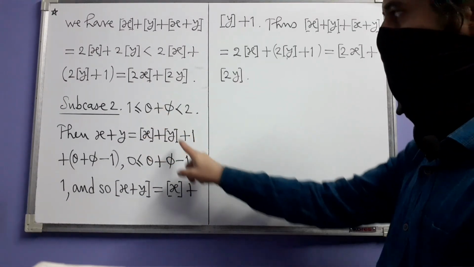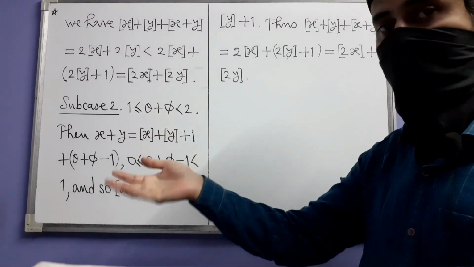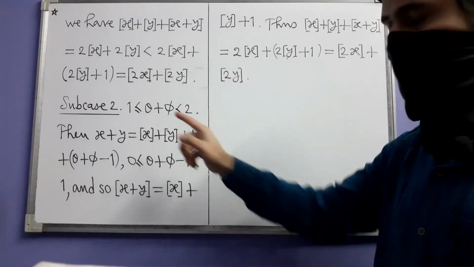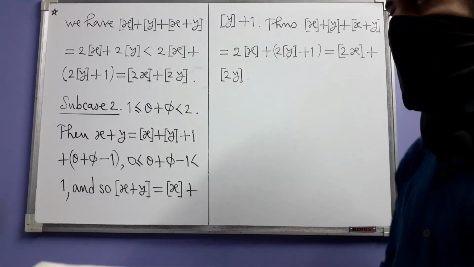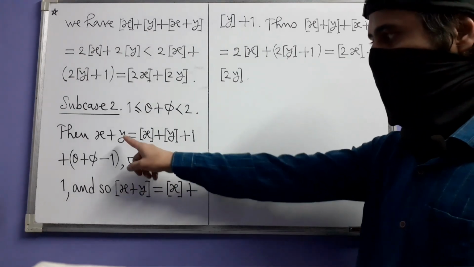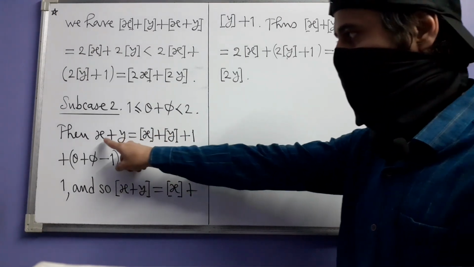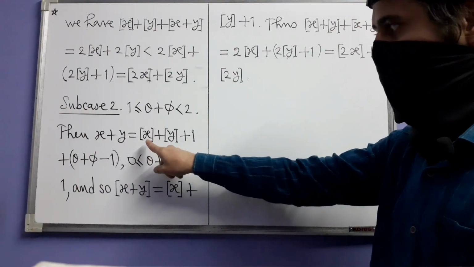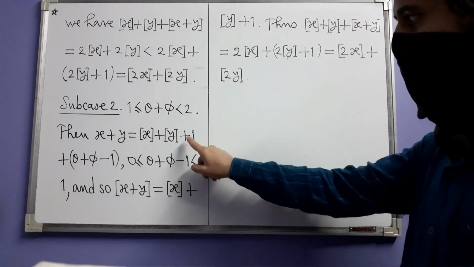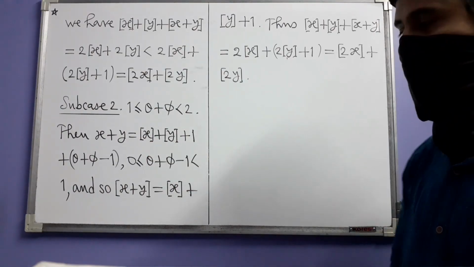Next we have subcase 2. This time however, theta plus phi is greater than or equal to 1, and of course they are less than 2 because individually each one of them is less than 1. Now we need to modify that equation for x plus y. Originally it's x plus y equal to box x plus box y plus theta plus phi, but we add and subtract 1.